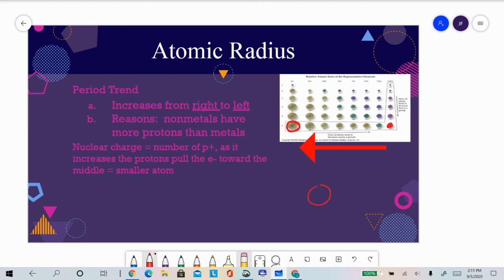So if I have an atom that has 50 protons and I have an atom that has 5 protons, the electrons are going to be pulled in closer to 50 protons than they are to 5. And that's just because of their attraction.